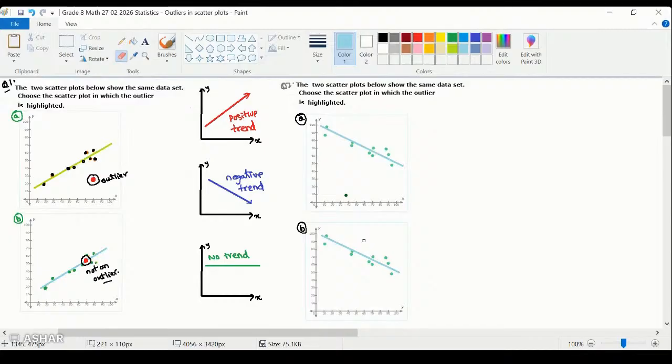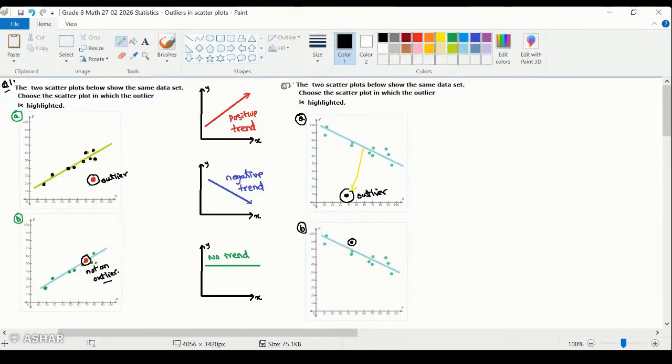This point in option A is far away from the line, right? So we can say this is an outlier, whereas this point was way near to the line, to the pattern that is being followed. So this is not an outlier.